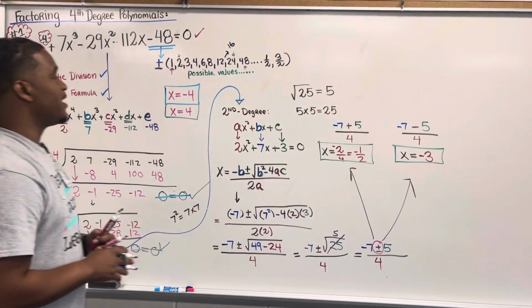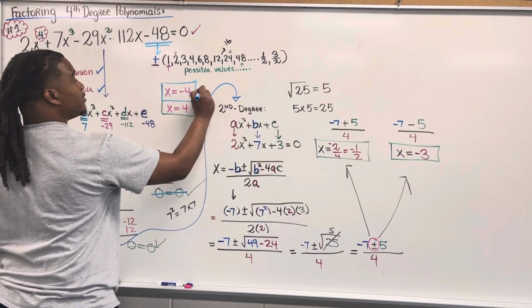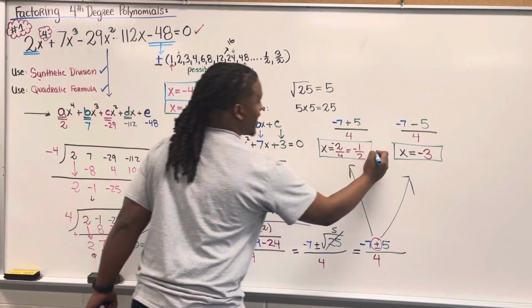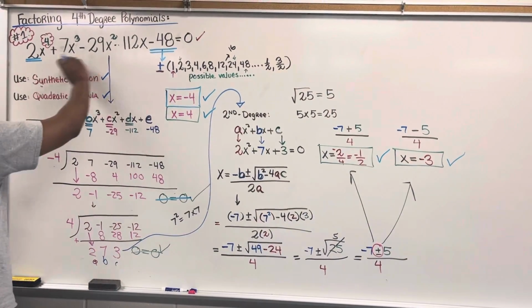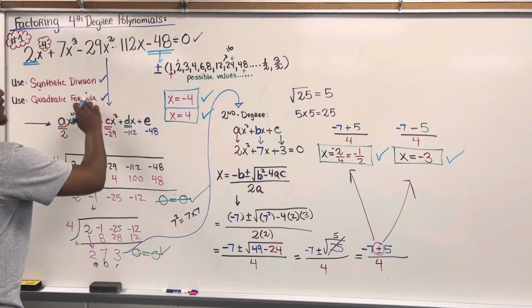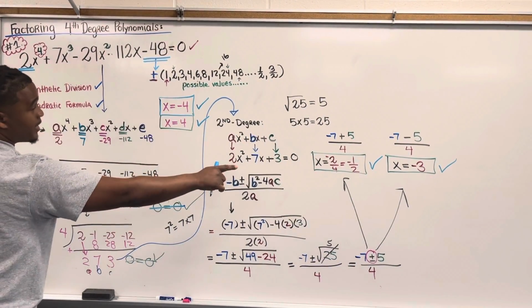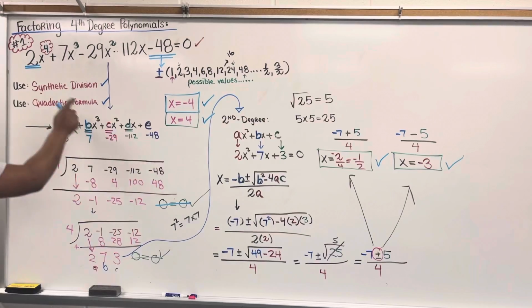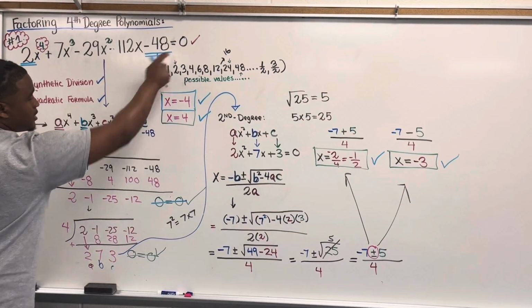So what we have done, ladies and gentlemen, is figure out the 4 values of x that we can plug in to make all of this equal 0. I can plug in 4, -4, -1/2, or -3 as x, and all of this will equal 0.